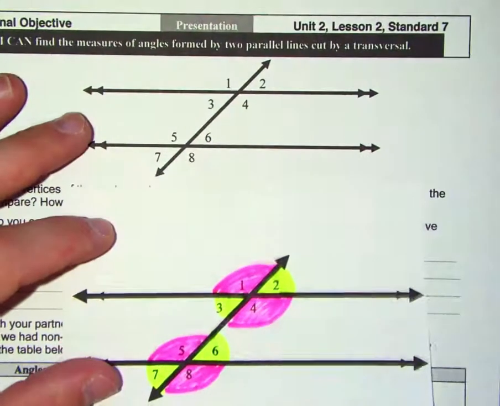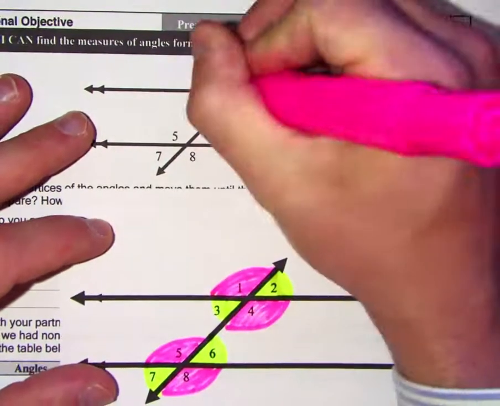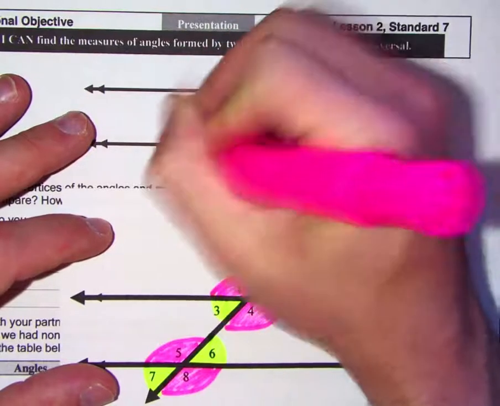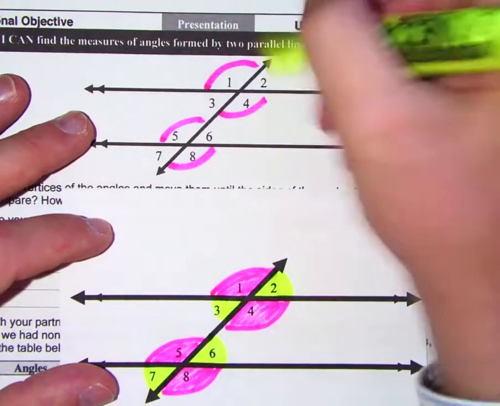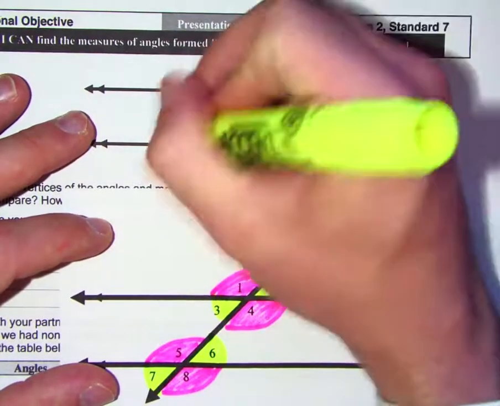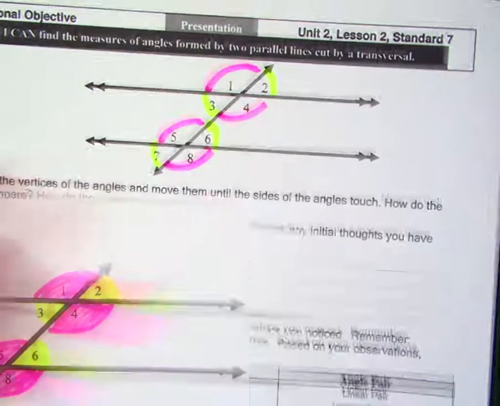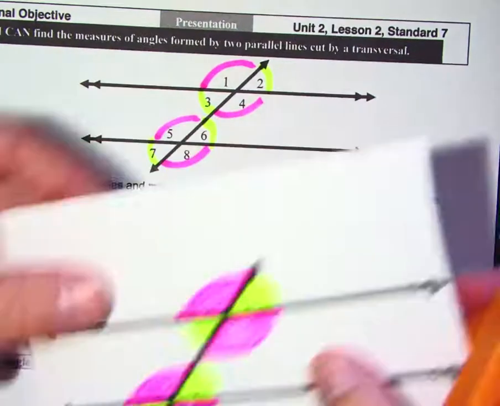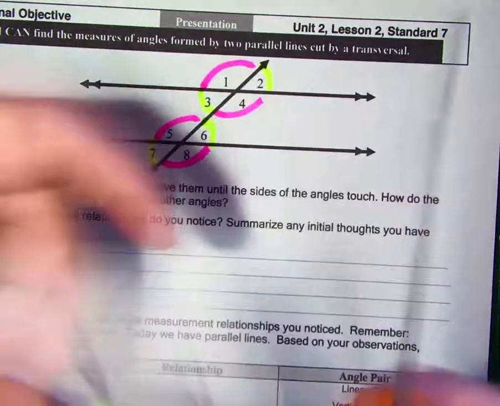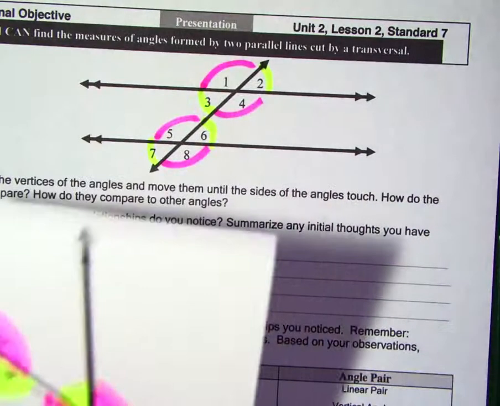Alright, just going to go ahead and quickly put these here. On those there. Okay, so now I'm going to cut this out. I'm going to trim away some of the things around it first.